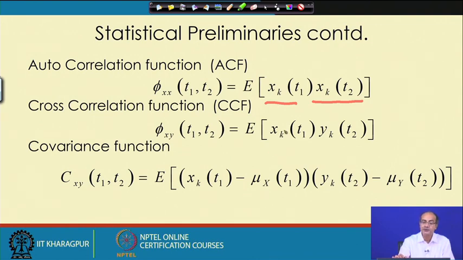Now, what does it give? It tells us how much matching the signal x_k at t1 and the same signal at instant t2 have.